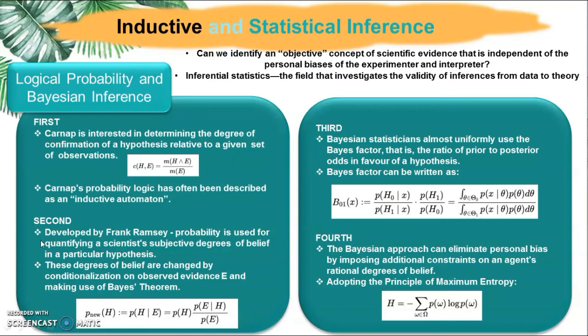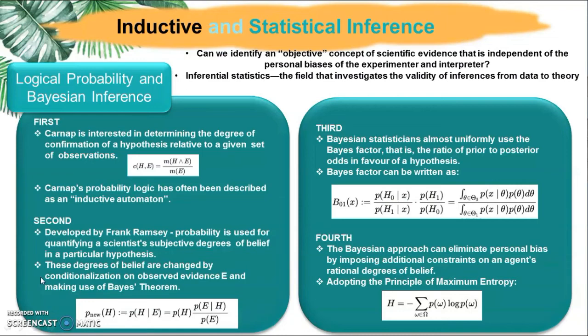Closely related to Carnap's logical probability framework is the Bayesian approach to confirmation and evidence, developed by Frank Ramsey. Probability is used for quantifying a scientist's subjective degrees of belief in particular hypotheses.